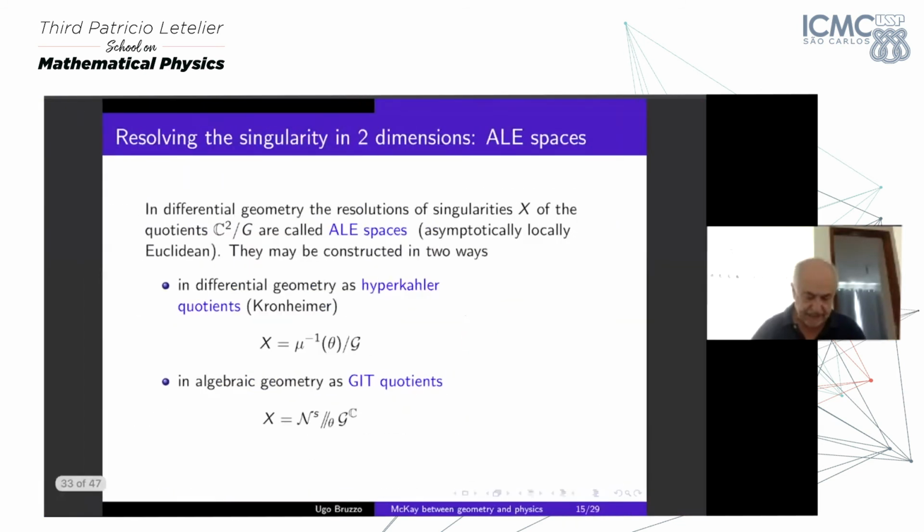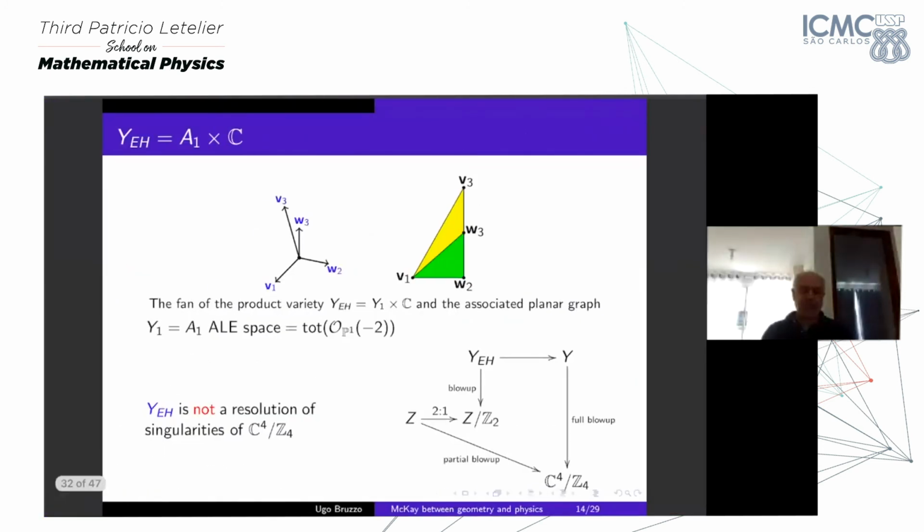Okay, so what we saw today so far was the McKay correspondence in two dimensions. Actually, we saw two aspects of the McKay correspondence, right?